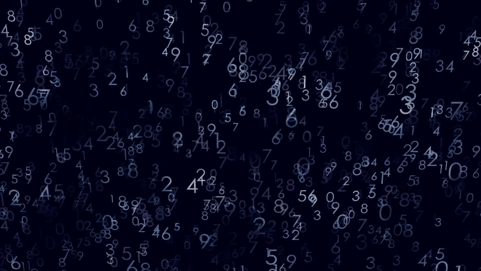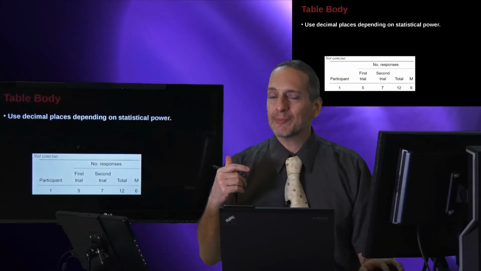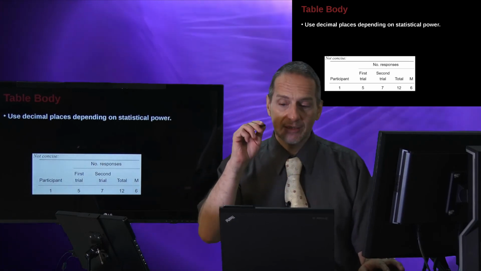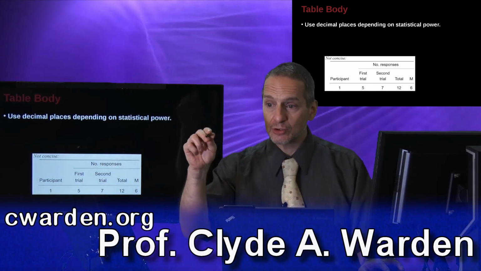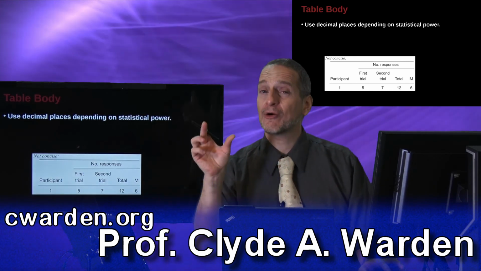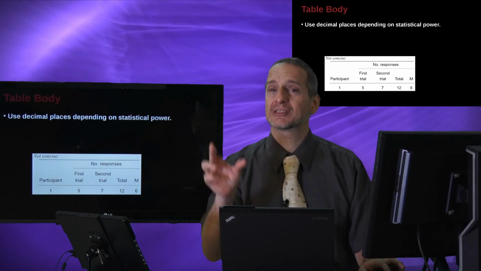And the easy answer is try not to use too many, because if your sample size is not very large and you don't have very much statistical power, when you write 1.11258, you're writing way more than your statistical power can actually see.